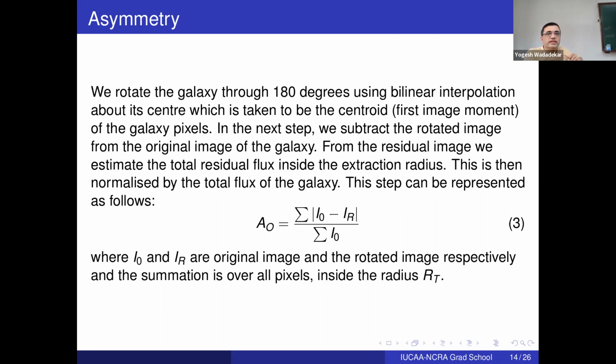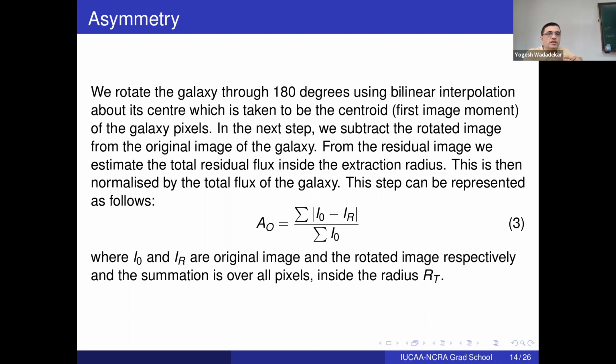We rotate the galaxy through 180 degrees using bilinear interpolation about its center, which is taken to be the centroid. So in answer to your question, the first image moment of the galaxy pixels is taken as the center by centroid. In the next step, we subtract the rotated image from the original image of the galaxy.